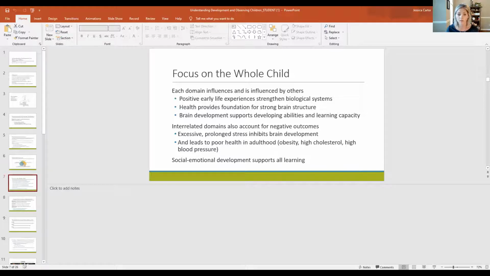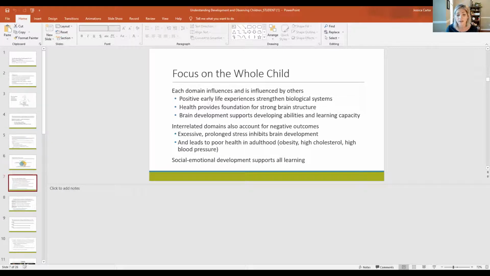So, again, we're talking about focus on the whole child, and you can see how early life experiences, what's happening in the nurture realm, relates to that nature piece, what's happening internally inside the child in terms of brain development and physical health. Again, it's all interconnected and interrelated.